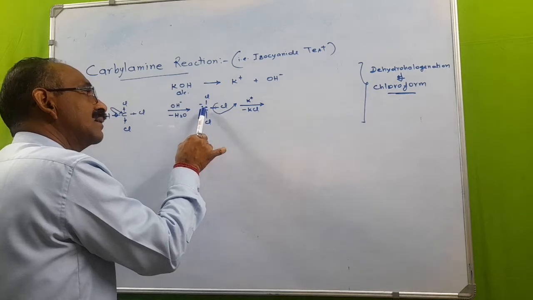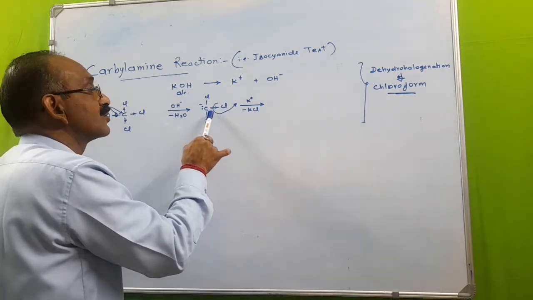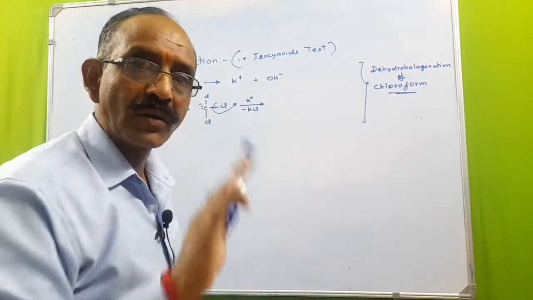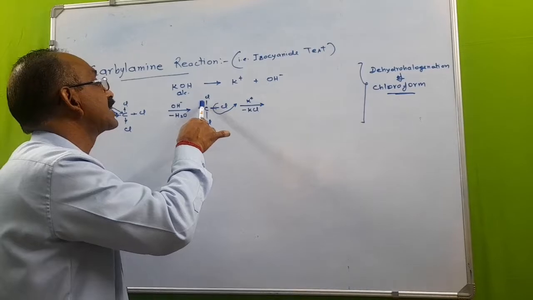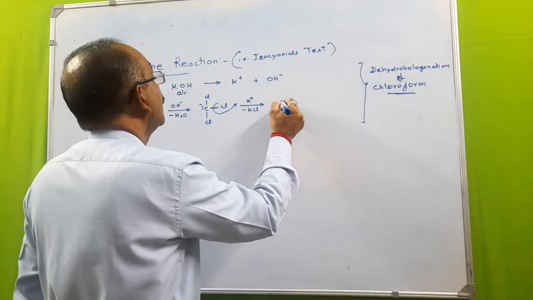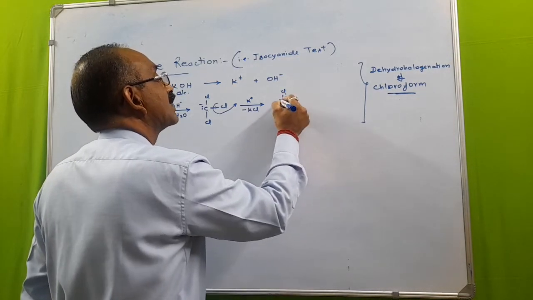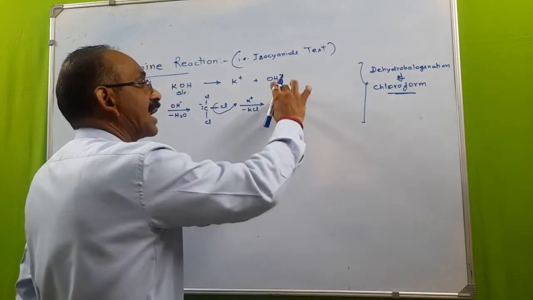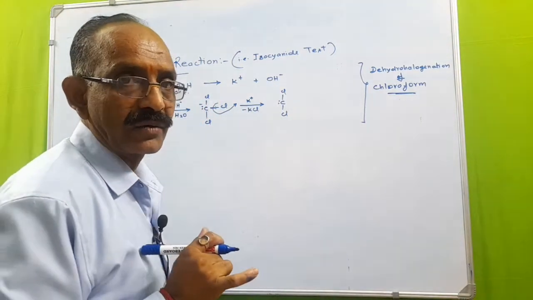As carbon is losing its 1 electron, carbon will become positively charged, and already it is having a negative charge. So the positive and negative charges will get neutralized, and we will get here this type of species where carbon is bivalent and has 6 electrons.